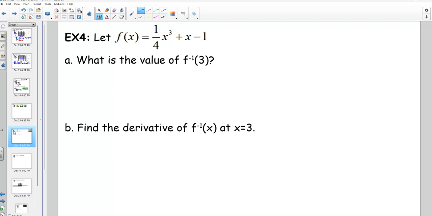I don't know how to find the inverse of this. If I switched the x and the y's, I would have x equals 1/4 y to the 3rd plus y minus 1. And I could get all the y's on one side, but I've got one y that's to the 3rd and the other is not.